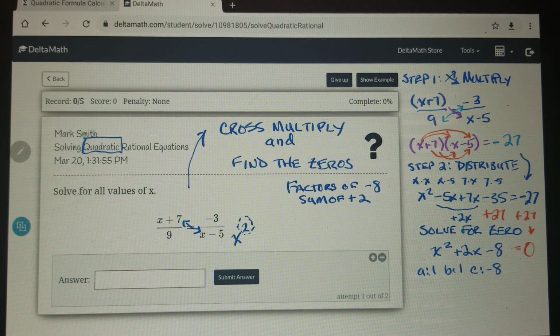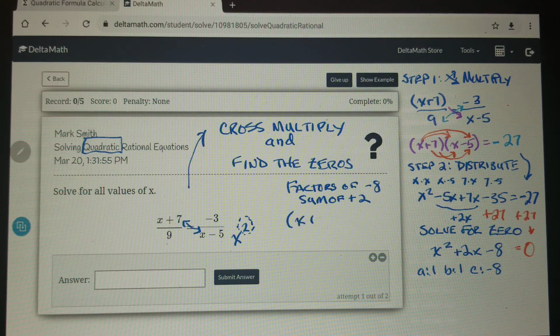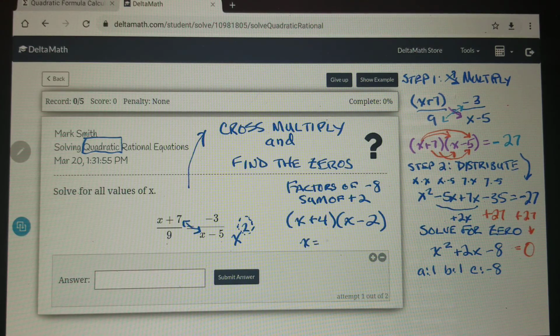Those two factors are going to be x plus 4 and x minus 2, because 4 times negative 2 is negative 8, and 4 minus 2 is 2. That would mean our x's are going to equal negative 4 and 2. So those are our answers.